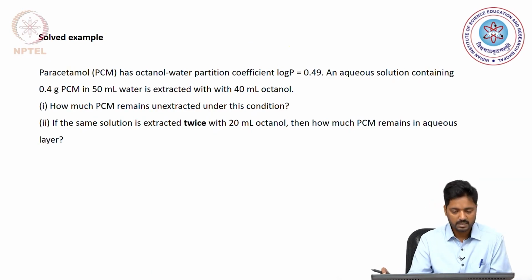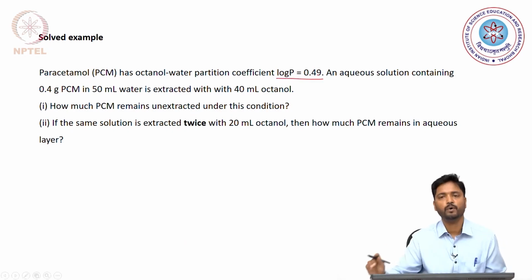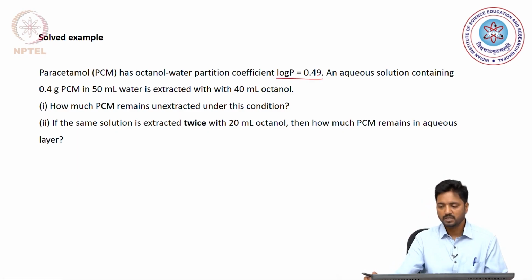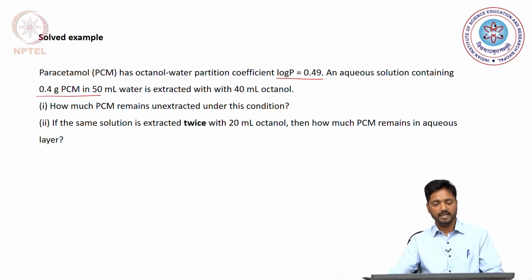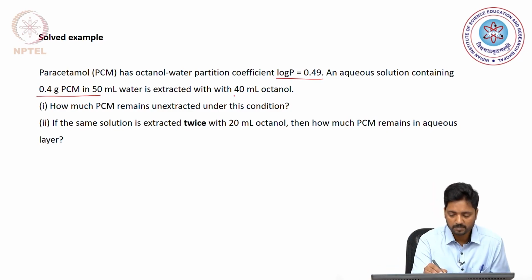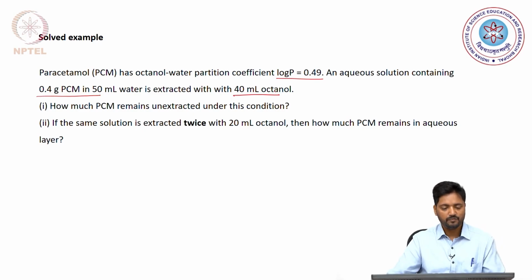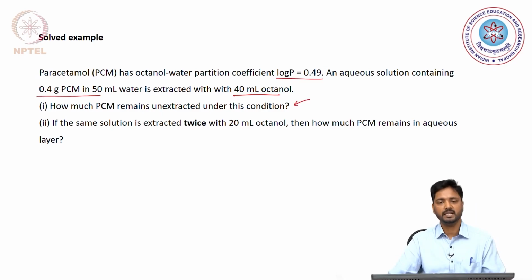This is a literature value, and what we need to consider is the question that is given in the example here: paracetamol has the log p value of 0.49, and an aqueous solution containing 0.4 gram of paracetamol in 50 ml is extracted with 40 ml octanol. So, the question for us is, if we use this 40 ml octanol in one go, how much paracetamol remains unextracted?